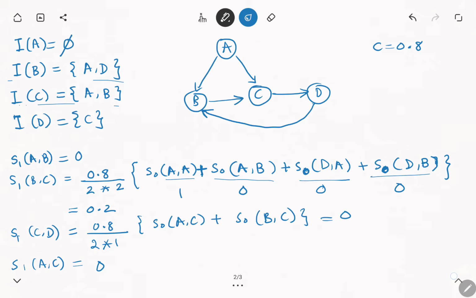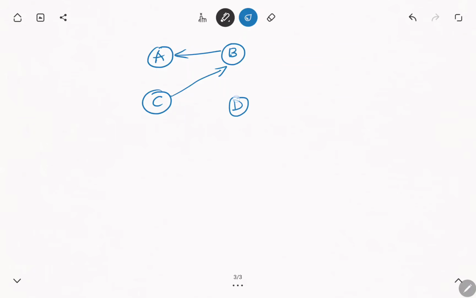Let's take another example. Let's say you have this graph. You can pause and calculate all the SimRank values for yourself, and then you can verify the answers.